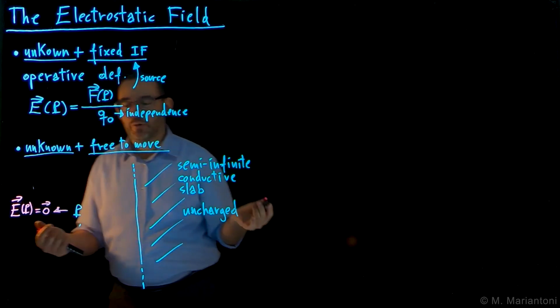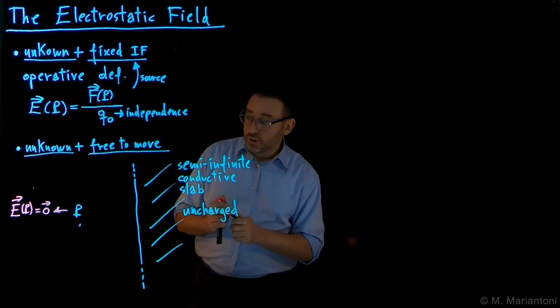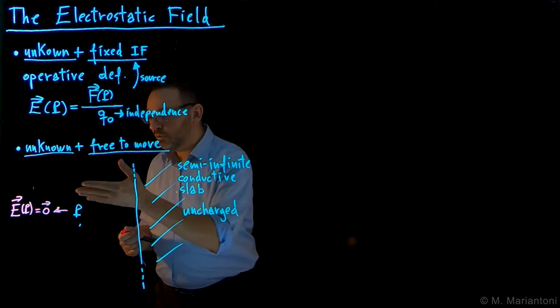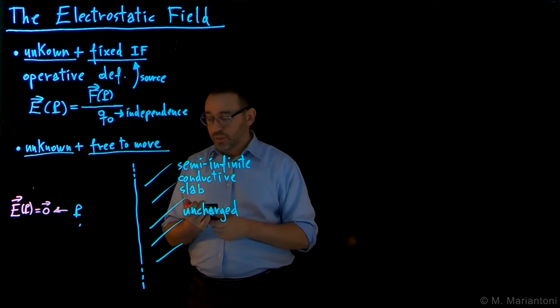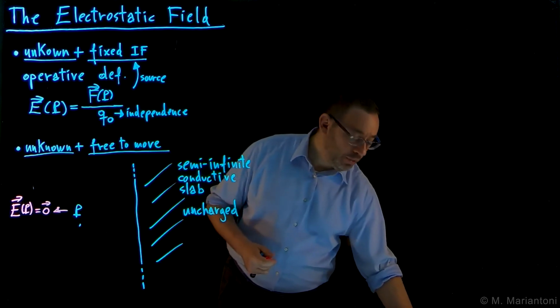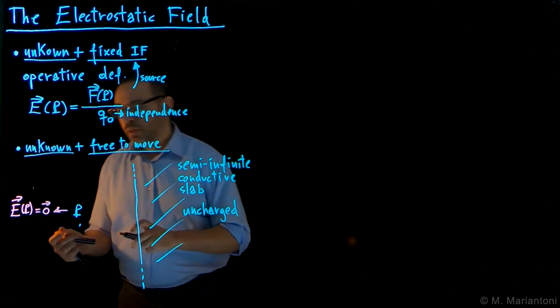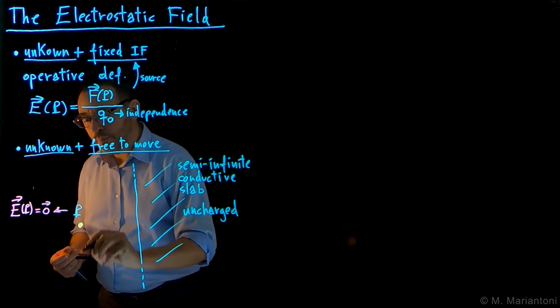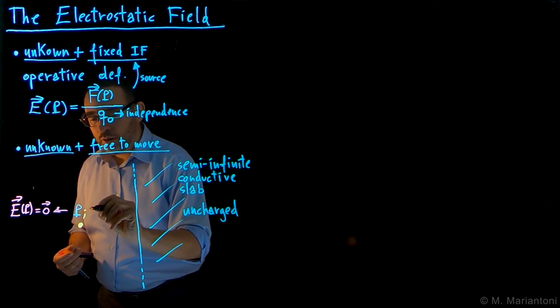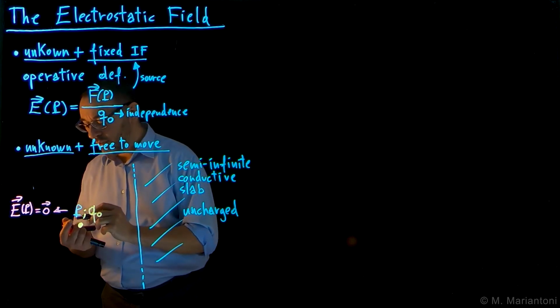Right? There is no charge anywhere. But in order to measure it, I need to use a test charge, which is our positive test charge Q naught. So let's say that now we place here a positive test charge Q naught at this point in space.